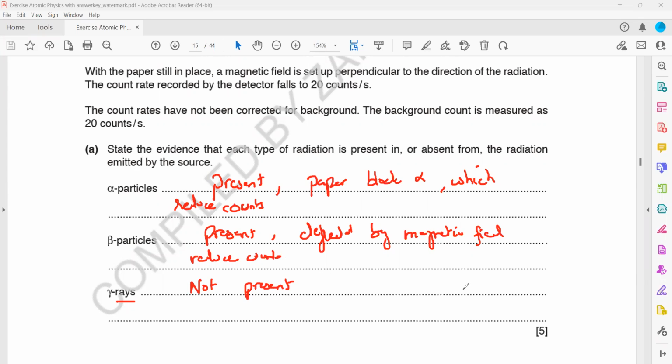For example, if it was not 20 but 30, it would mean there was some gamma. But because the radiation we record with paper and magnetic field is the same as background, this gives an idea that there was no gamma.